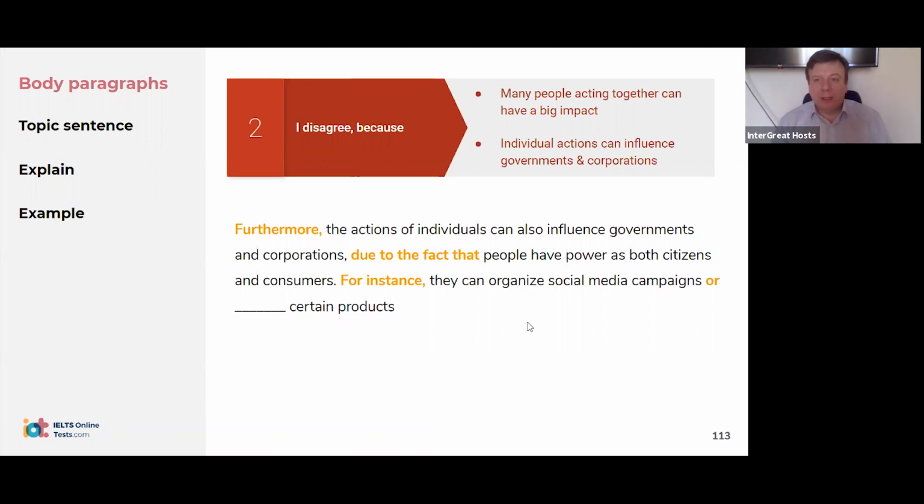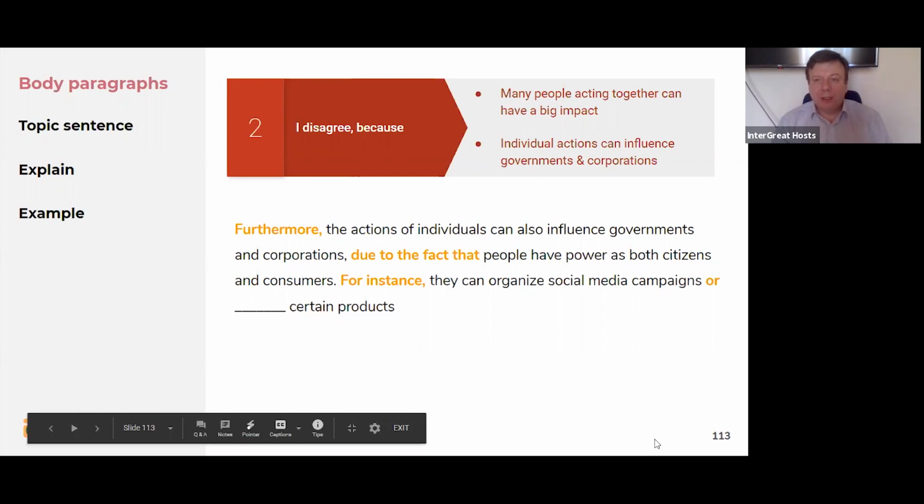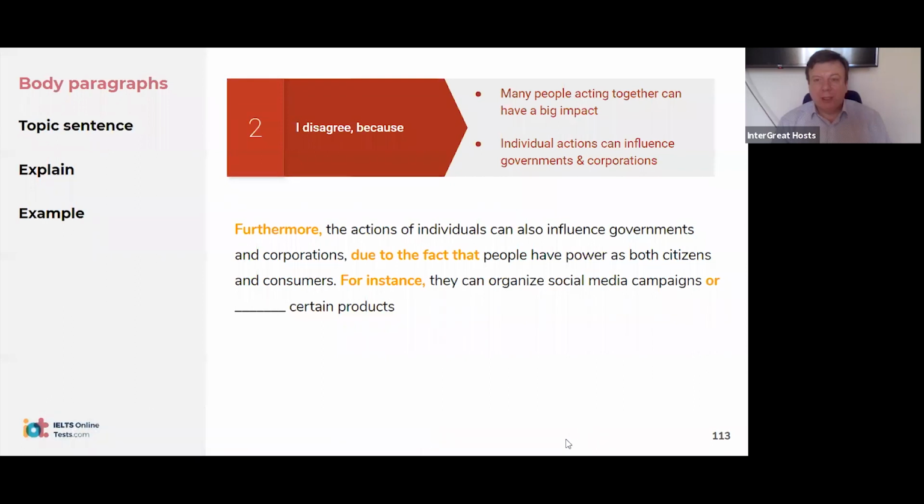If you choose not to buy certain products, you do what? We can boycott. Yeah, very good.